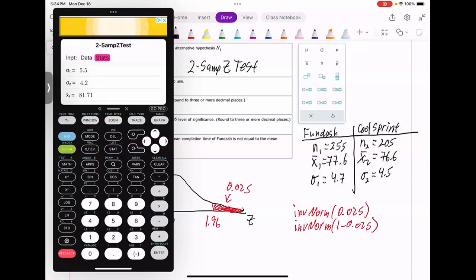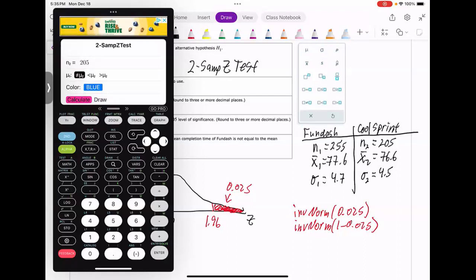We do not have raw data, so we enter our first standard deviation, 4.7, our second standard deviation, 4.5, x bar sub 1 is 77.6 and n sub 1 is 255, x bar sub 2 is 76.6 and n sub 2 is 205. This is a not equal to.